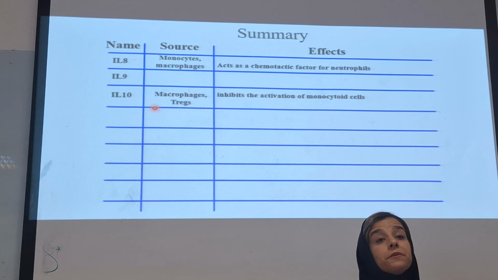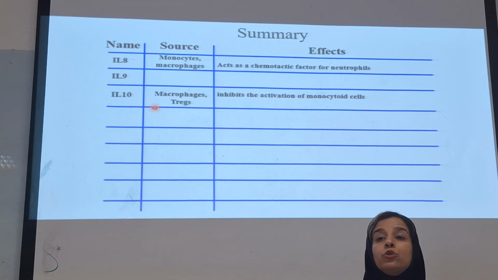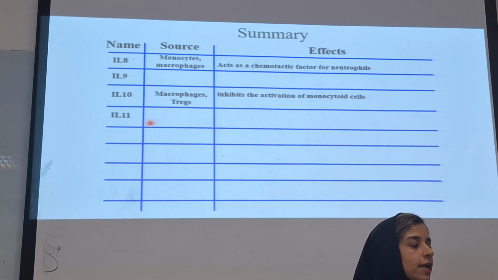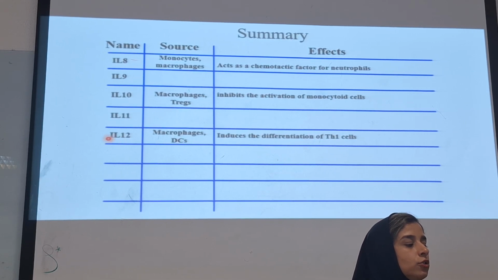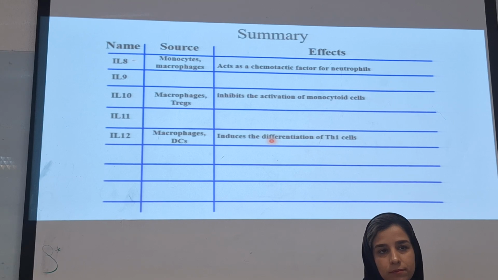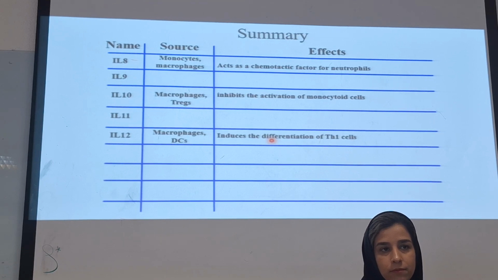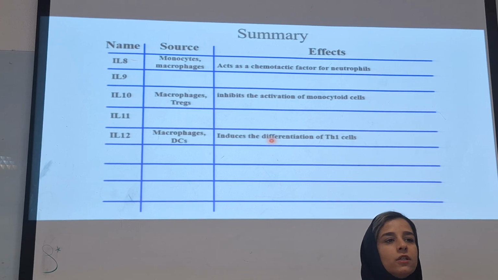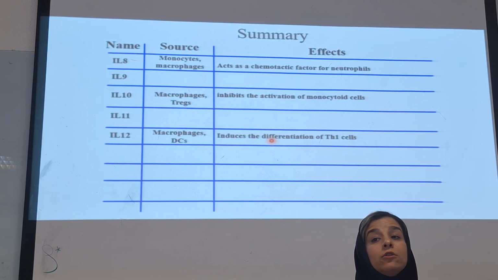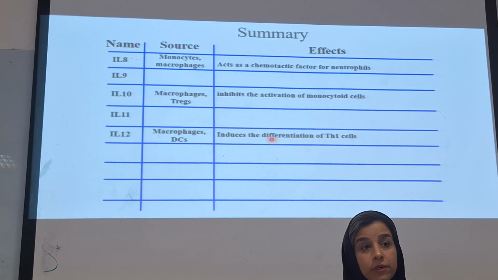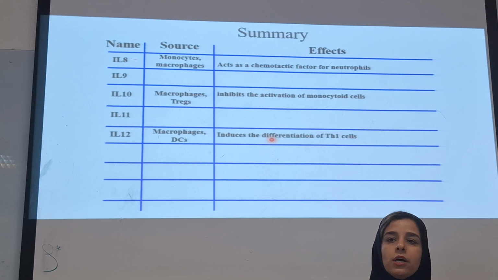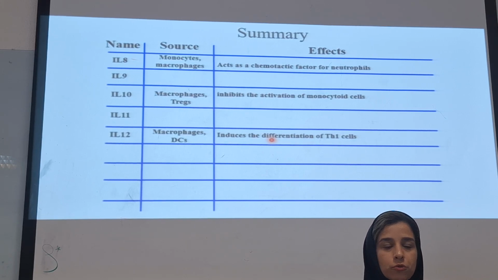Interleukin-10 is an immunosuppressive cytokine and leads to differentiation of T regulatory cells. And what about interleukin-12? It makes differentiation of T cell into T1. Bravo, well done. Interleukin-12 is very important for differentiation of T helper to T helper 1 and is produced by innate immune cells like macrophages and monocytes.